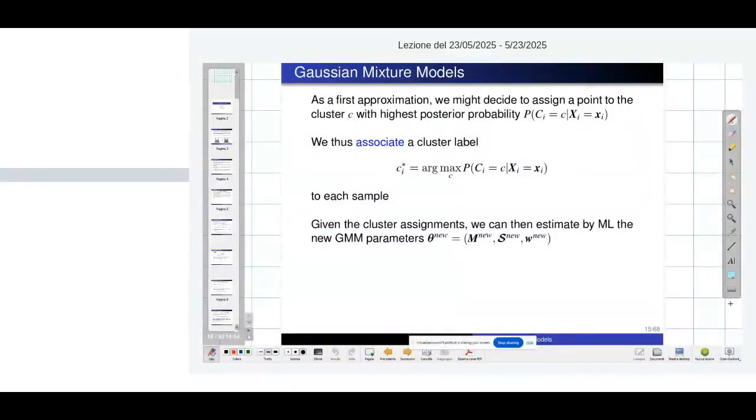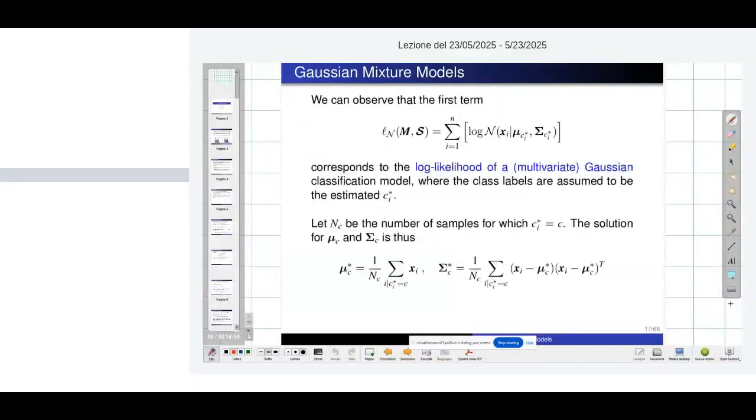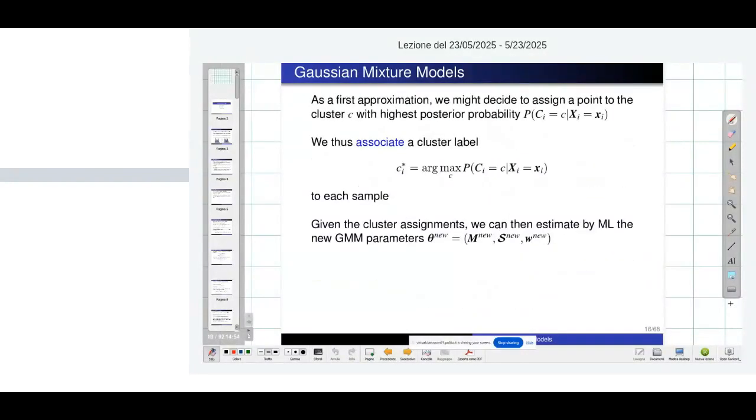But why do I show this? Because, well, this is fairly easy to understand as a process and because it has several connections with things that you have seen. Well, let's go through the steps again.